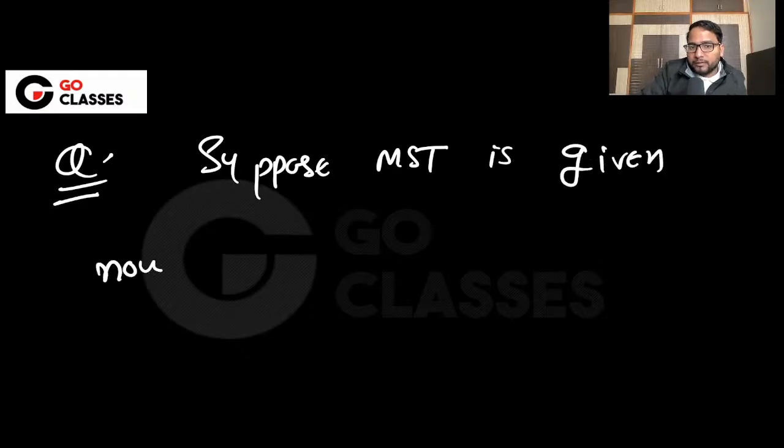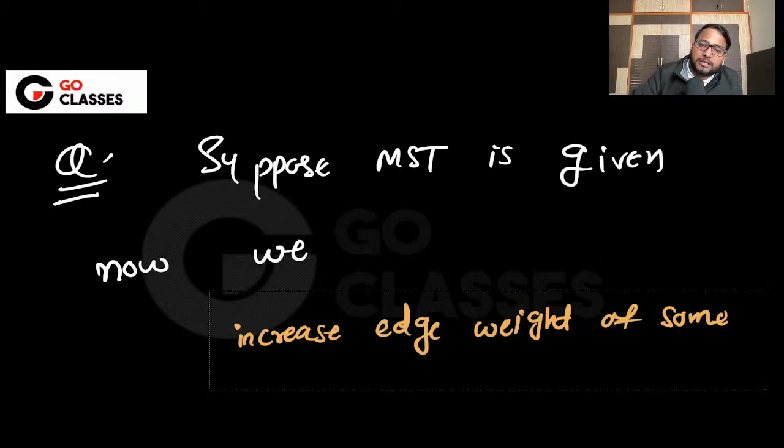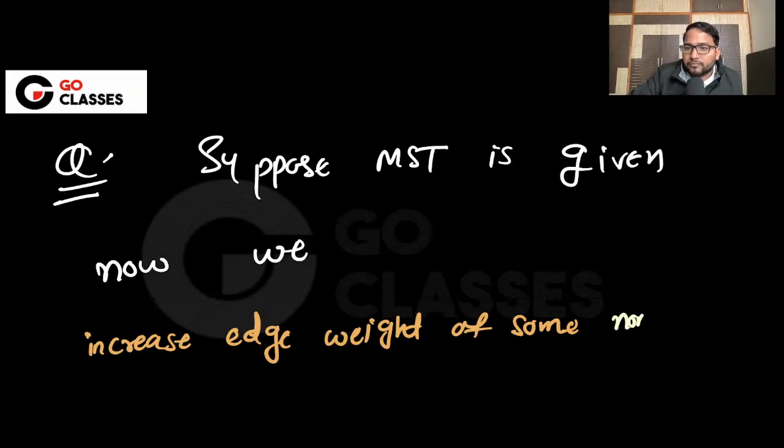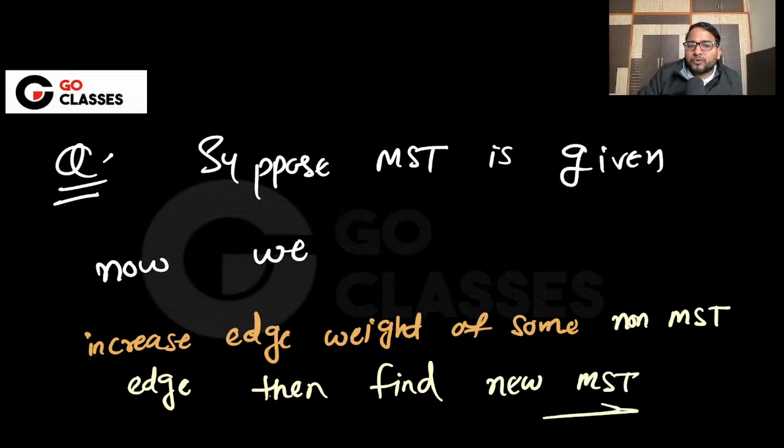Now we, for example, increase the edge weight of some non-MST edge. Then you calculate the new MST. Then find the new MST. Okay, suppose this kind of question is given.